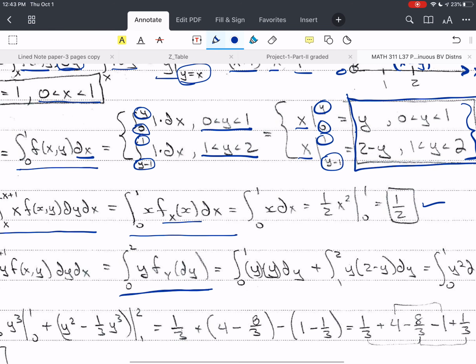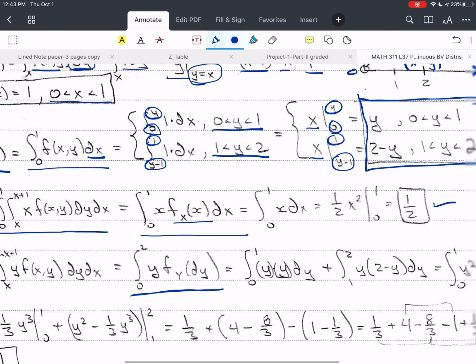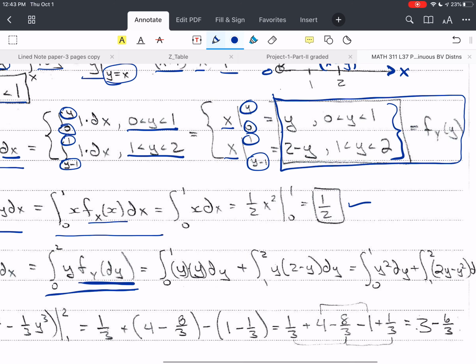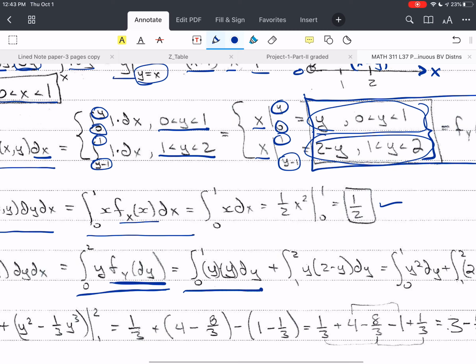So I'm integrating with respect to y, but I have to use the marginal. And so, unfortunately, the marginal is in two pieces. It's a piecewise function, so I have to use both pieces. Here's the first piece, and here's the second piece, and I add them to get the mean. You can't have a piecewise mean, so you want to add the different portions together.